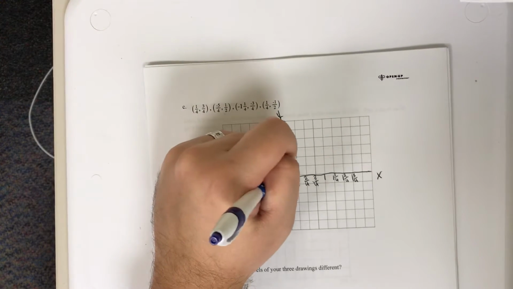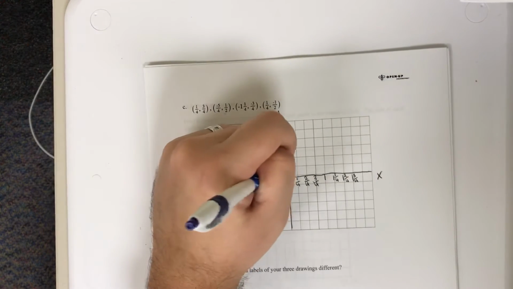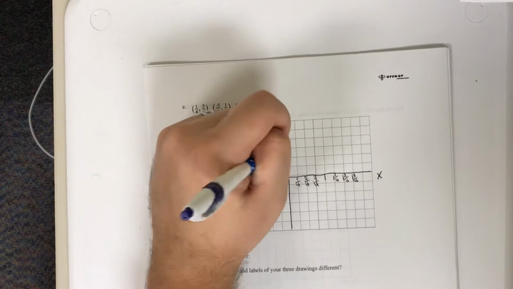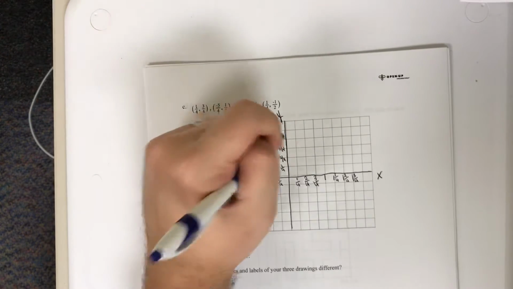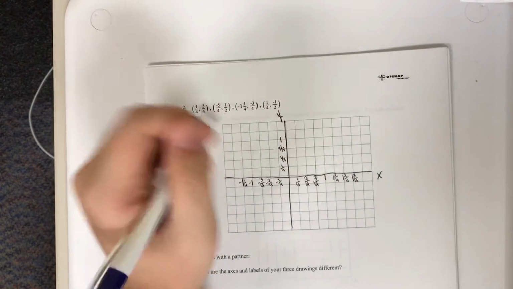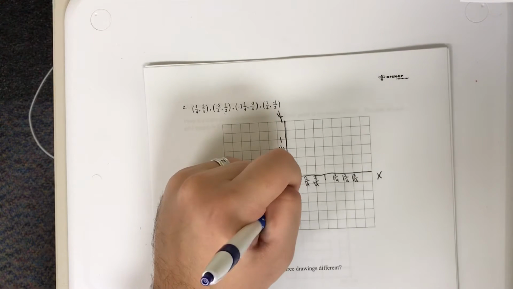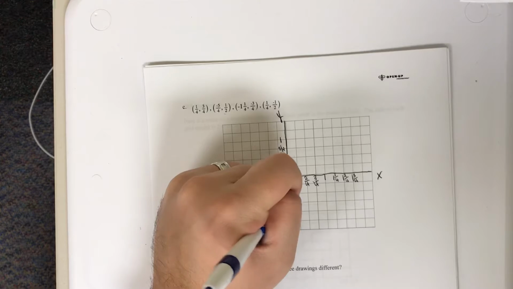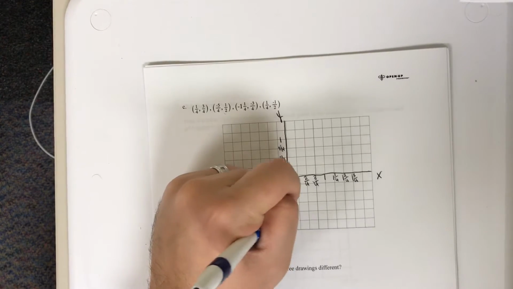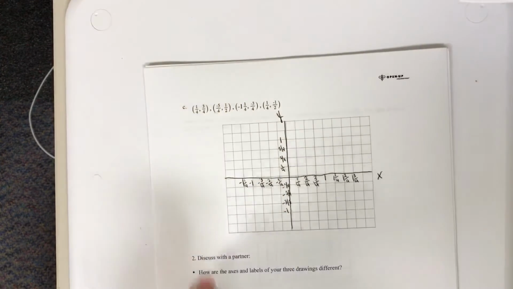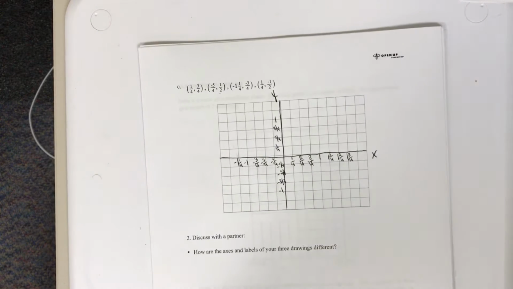And then we have 1/4, 2/4, 3/4, 1 whole. And then we have -1/4, -2/4, -3/4, and -1. So you can determine that I've used my scale here.